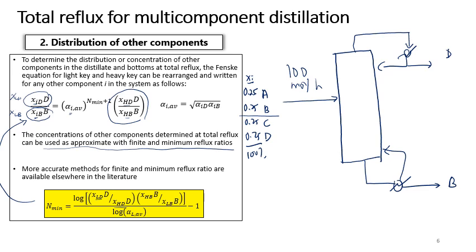So if you initially specified to have B as the light key and C as the heavy key, A will be the light component and D will be the heavy component.